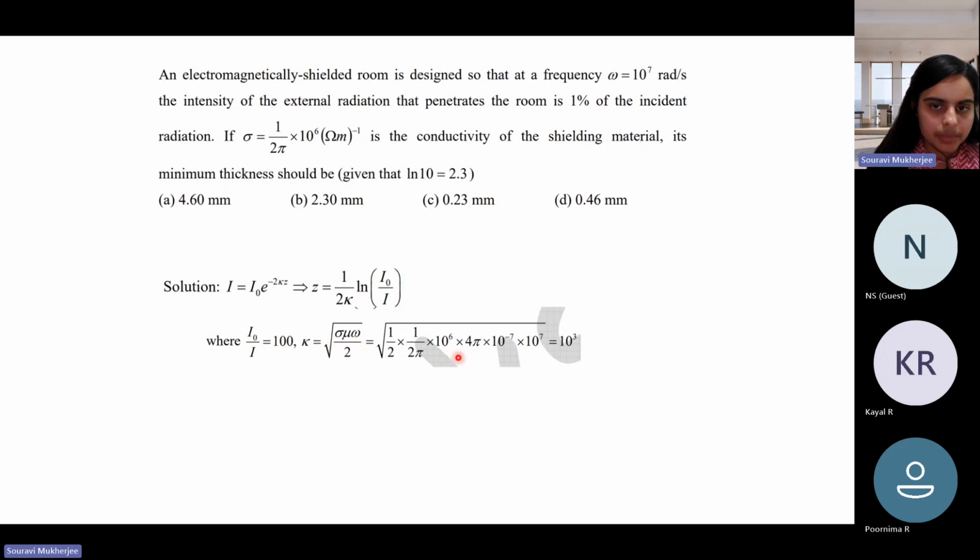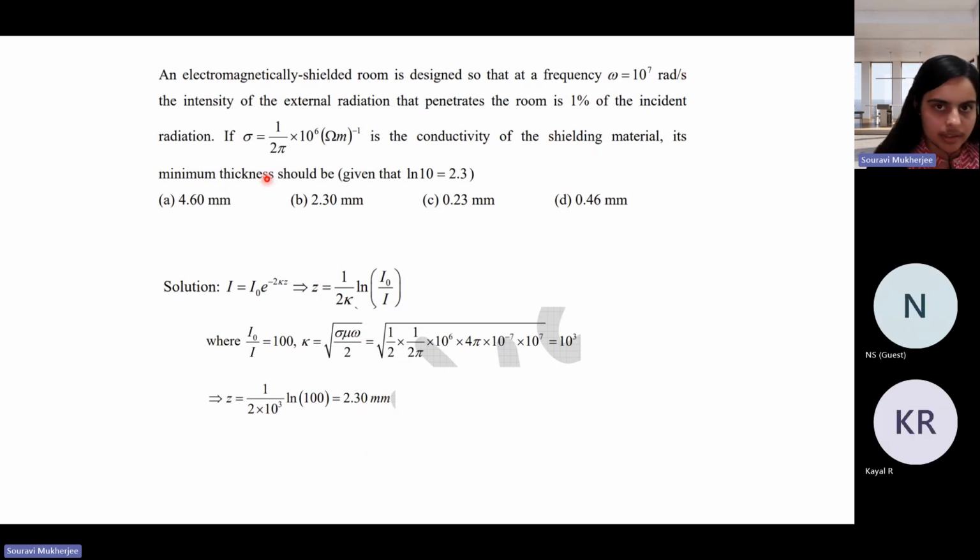So these values are already provided to you. If you use this relation, you find the expression for K. This is the imaginary part of your wave vector. And then if you replace it in this expression, you would find the value of Z, right? So if you do that, you get something like this. So this tells us that the minimum thickness of the shielding material should be around this value, so that only 1% of the incident radiation enters the shielded room.